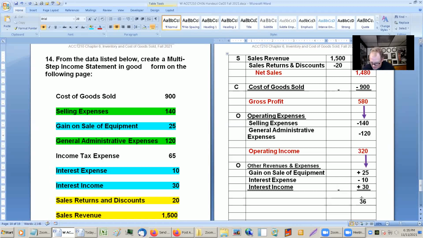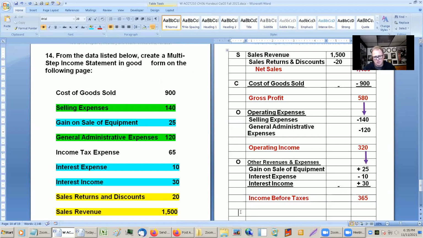Okay, so this will be our income before taxes. The T means the next one must be taxes, right?